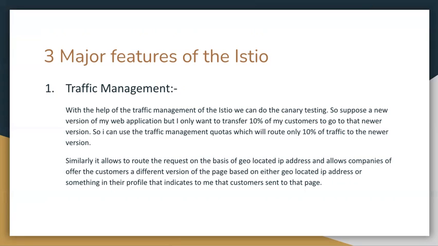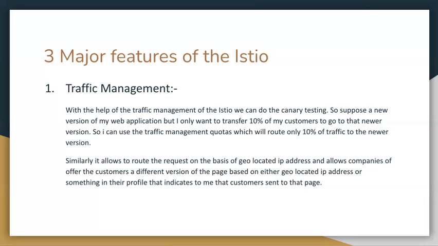Similarly, suppose you want to route the request on the basis of geolocation or geolocated IP addresses, then you can show different versions of your page, based on local languages or the customizations that you have for different geographies. So you can do that with the help of Istio, right? It allows you to route on the basis of geolocated IP address as well.